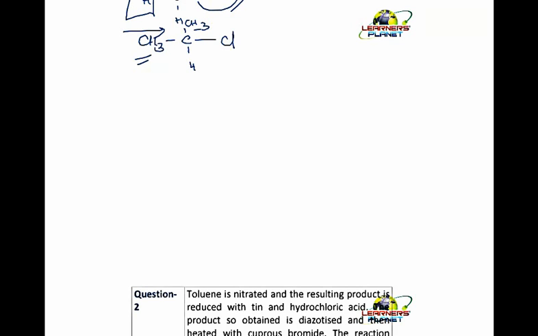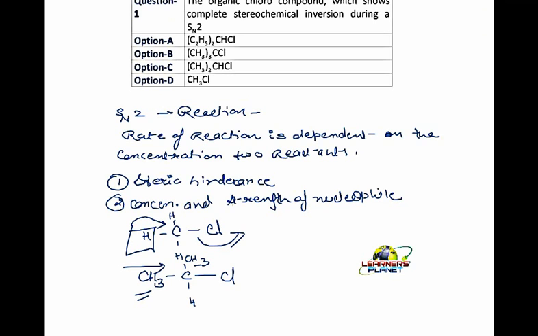Even your tertiary will also not undergo reaction by SN2. Tertiary will not at all undergo. This undergoes reaction by SN1 mechanism, that is by the formation of a carbocation. Okay, now here also there is more hindrance, so this is left.